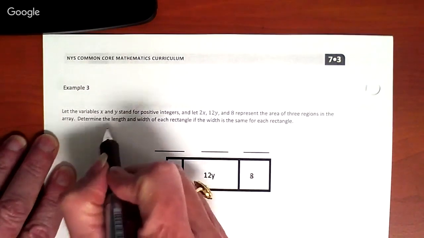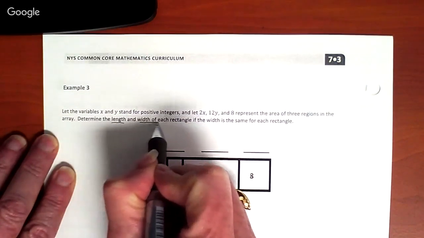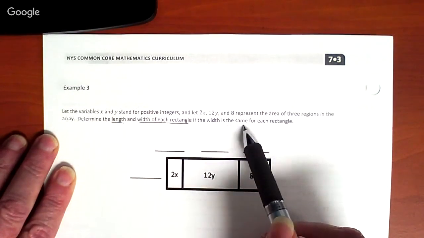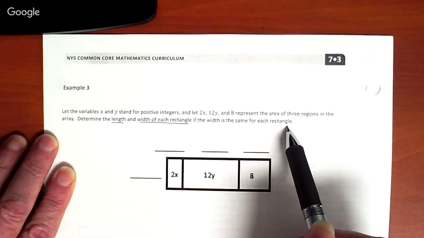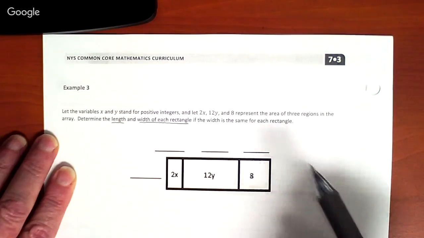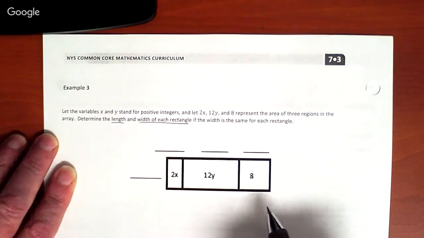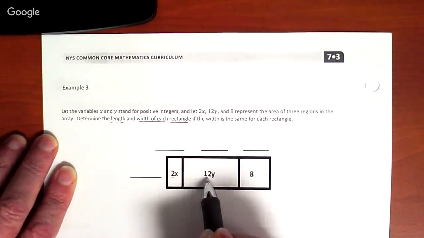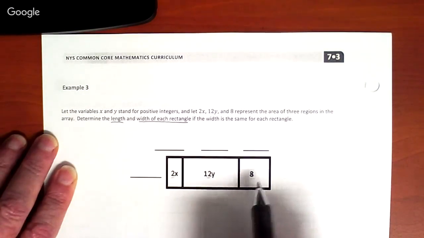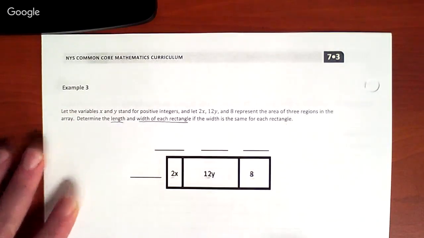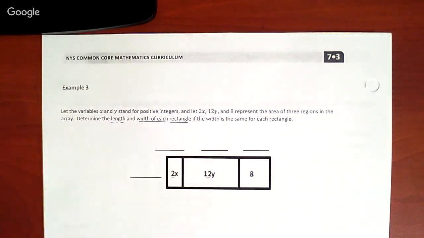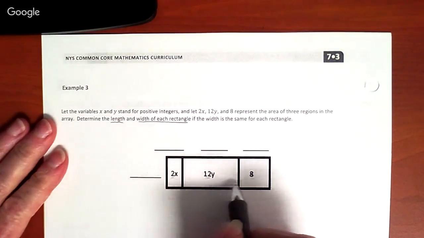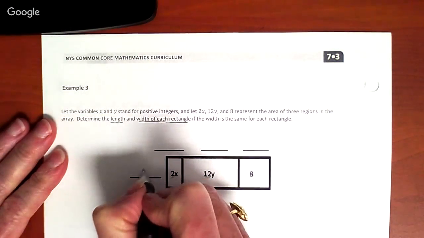Determine the length and width of each rectangle if the width is the same for each rectangle. So what this is asking us to do is to find the common factor of 2, 12, and 8 that will go into each of these. And that's what's going to go right here. Well, the number that's going to go into each of these would be 2.